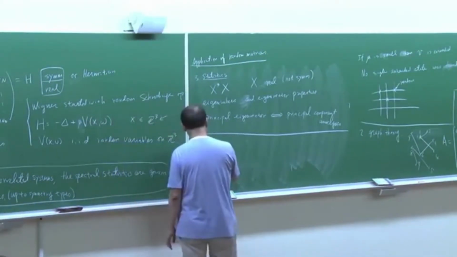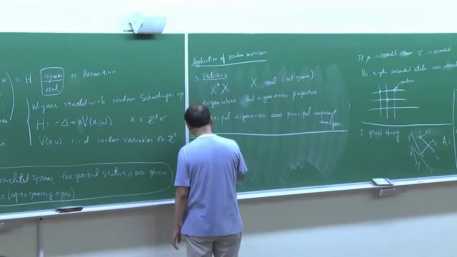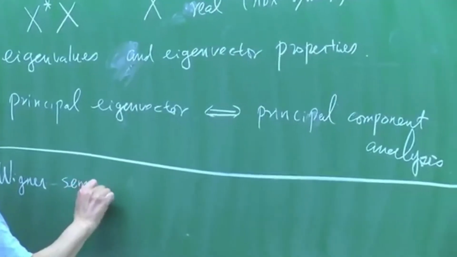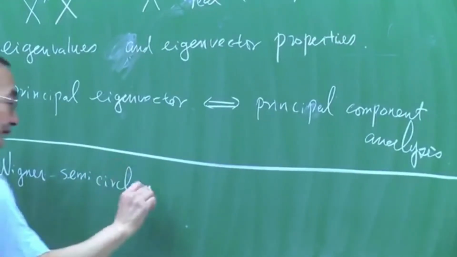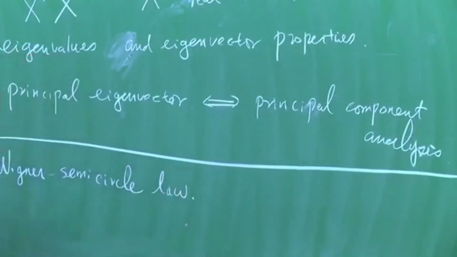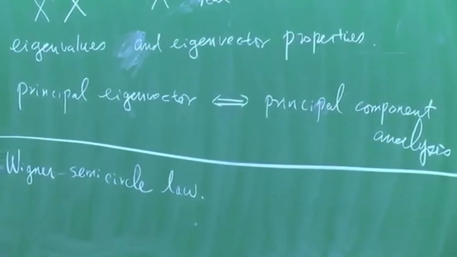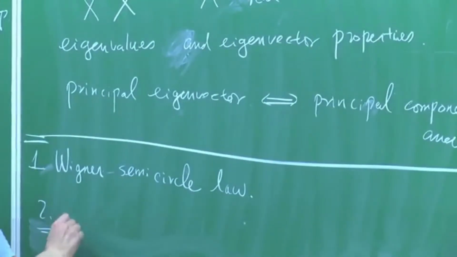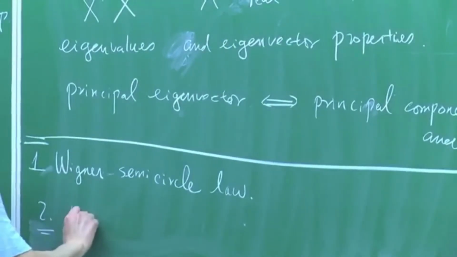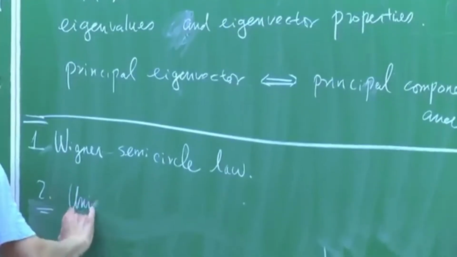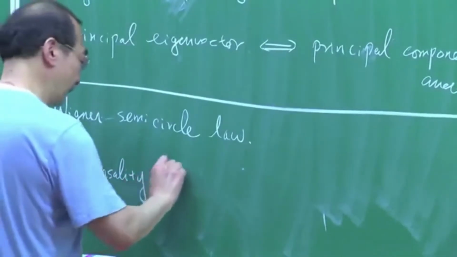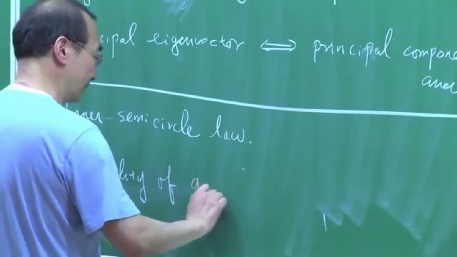So the first question is the Wigner semicircle law. I want to talk about two things. One is the Wigner semicircle law, and the second one is Wigner universality, the universality of the gap distribution.